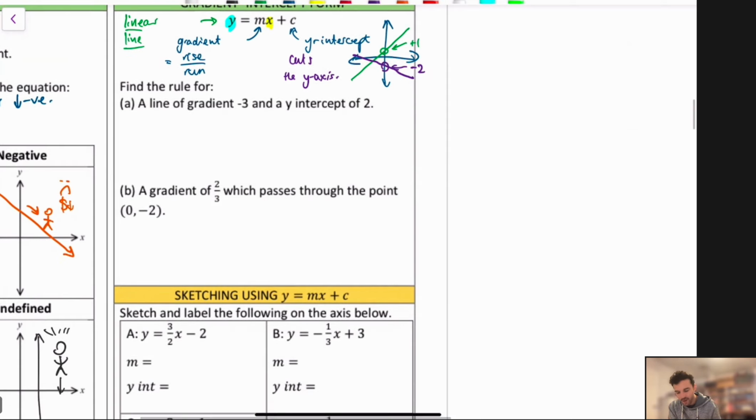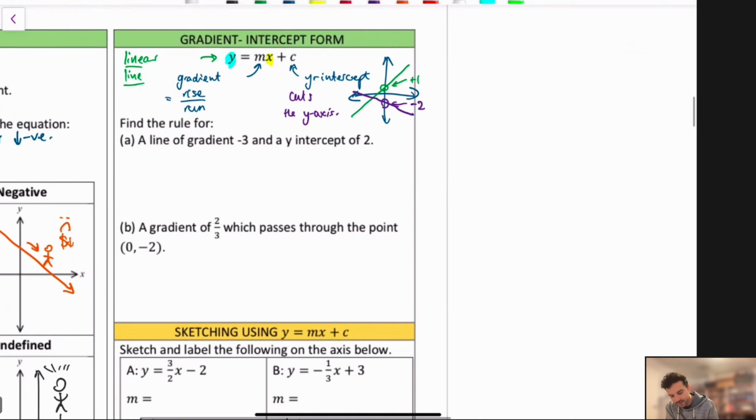Okay, so find the rule for a line of gradient -3 and a y-intercept 2. Now I like to do these like this. Y is equal to something x plus something. So we're thinking we need to replace the m with a value, and then we need to replace the c with a value. Now what's the m in this case? We can see that the gradient is -3, therefore m is -3, and a y-intercept of 2.